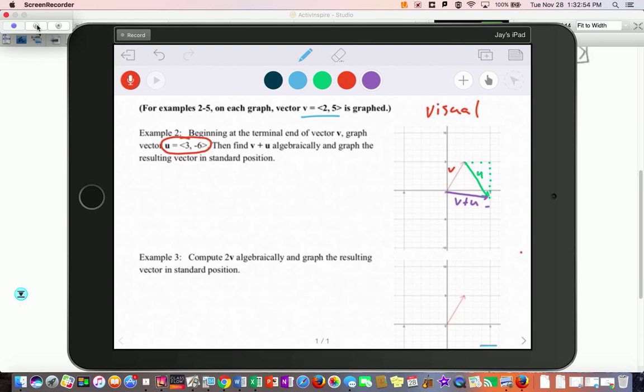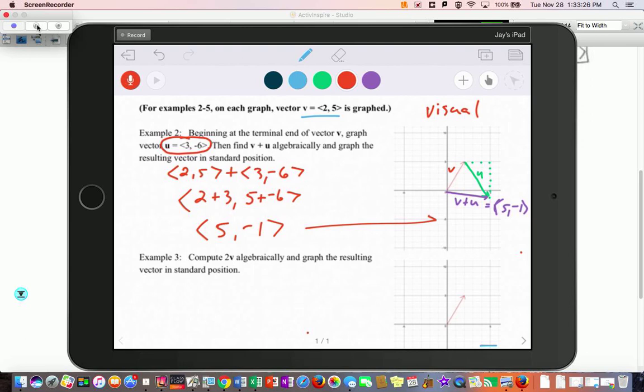And so vector v plus u is ending at 5, negative 1. So I moved it manually. Well, algebraically, if we did the work, 2, 5 plus 3, negative 6, 2 plus 3, 5 plus technically negative 6, double sign, I know, and that's 5 minus 1. So mathematically, I got the same answer as the visual representation.